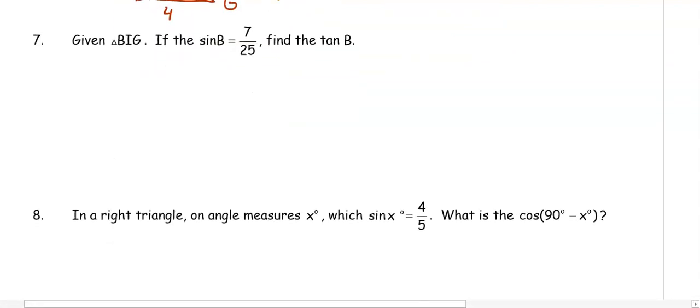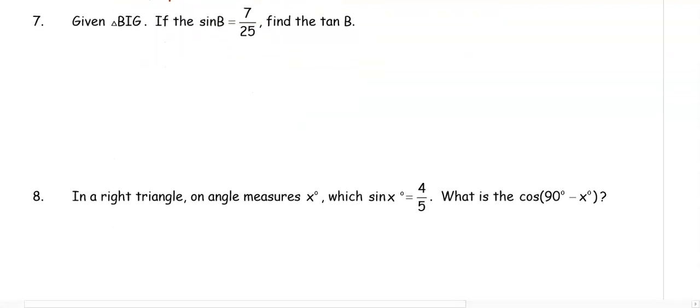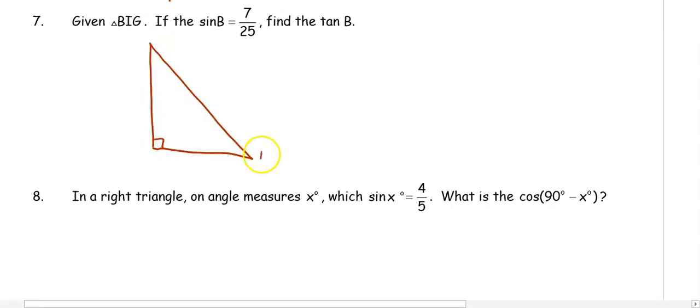Let's look at another example. Given triangle BIG, if the sine of B is 7 over 25, find the tan of B. So in our triangle, the only angle I care about is B. So based on B, we have opposite, hypotenuse, adjacent. If I'm given the sine, that's the opposite over the hypotenuse. So we have 7 as the opposite and 25 as the hypotenuse.